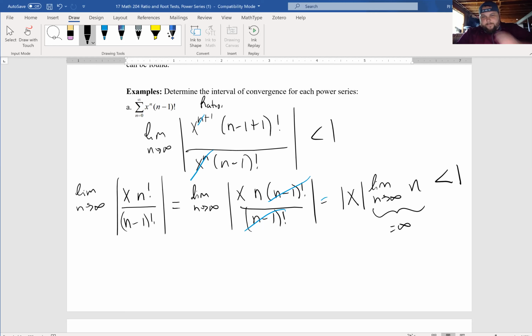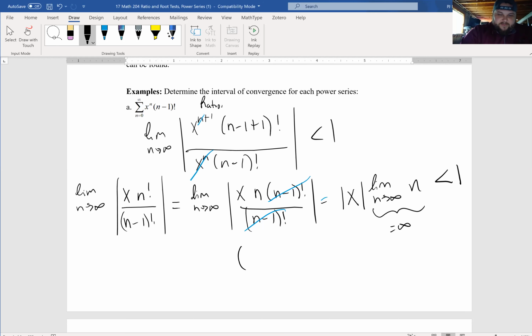So let me put it this way. If x equals 5, 5 times infinity is going to be infinity, right? If x equals -1, we get back infinity after we evaluate the limit. What value for x would make it so that if I then go to evaluate the limit, the number will be less than 1? Like 0? Oh, 0 is the only option.